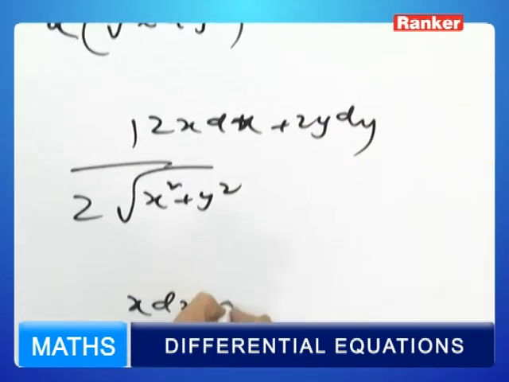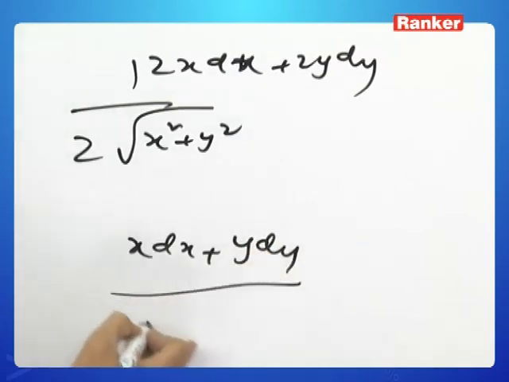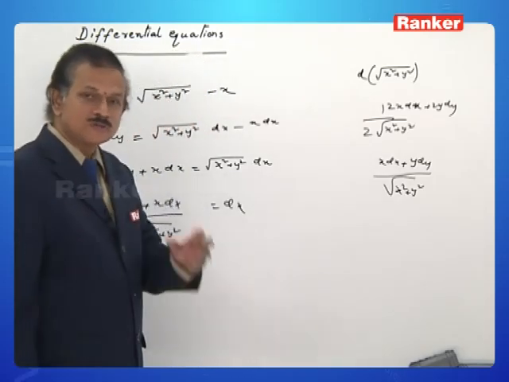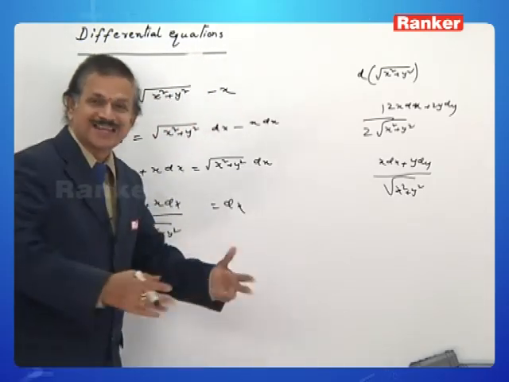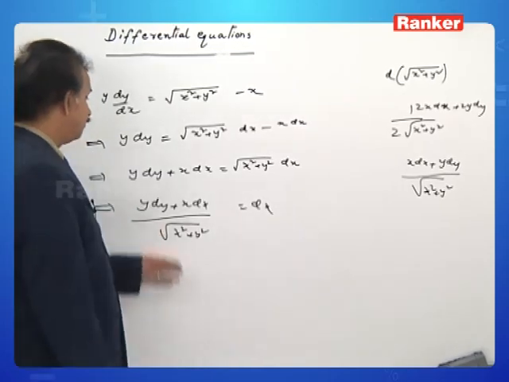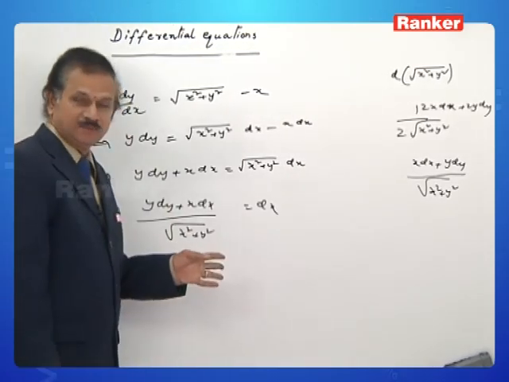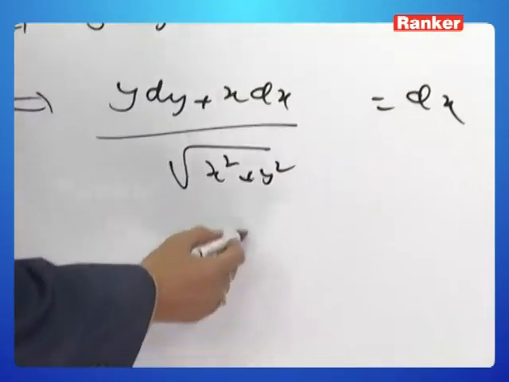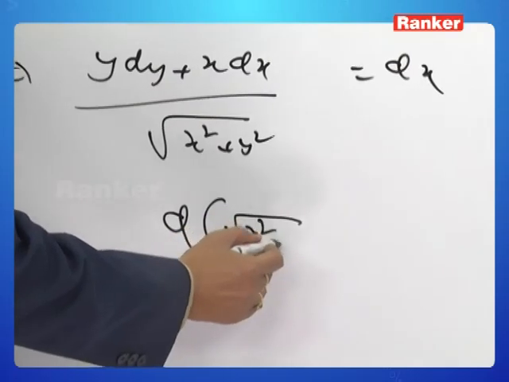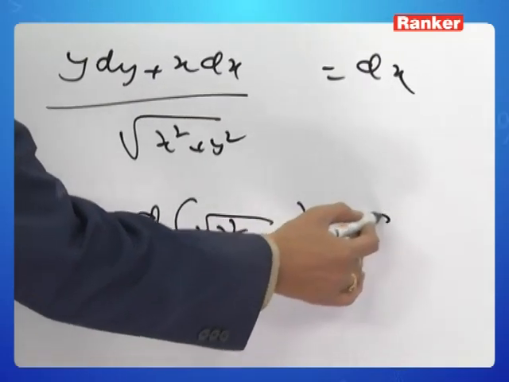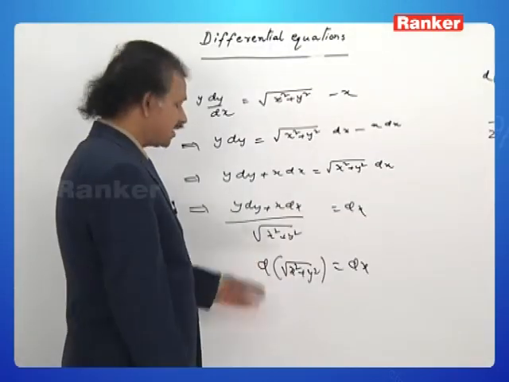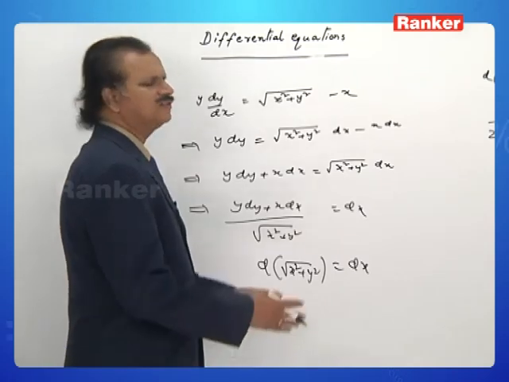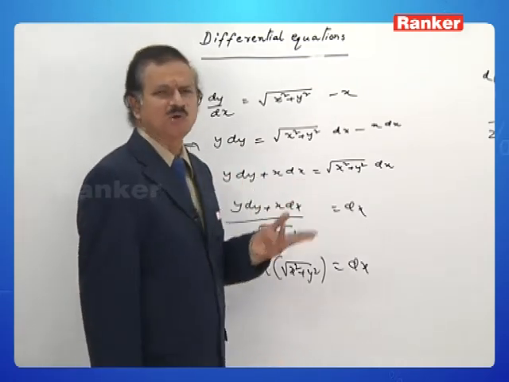What remains is (x dx + y dy)/√(x² + y²). You must be able to catch it and recollect this on the spot itself. By looking at this, we must recollect that it is just the differential d(√(x² + y²)) = dx. If you could recollect this, this becomes so much easier. Otherwise, there is a big process, of course.